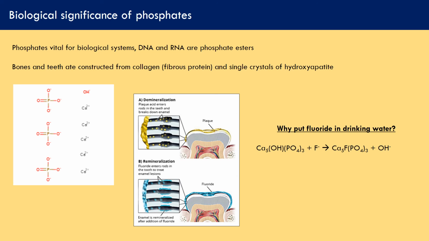So you can see there that fluorine is able to enter hydroxyapatite and replace that OH group and remineralize the hydroxyapatite, essentially repairing the corroded enamel.